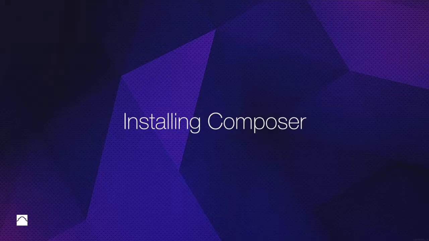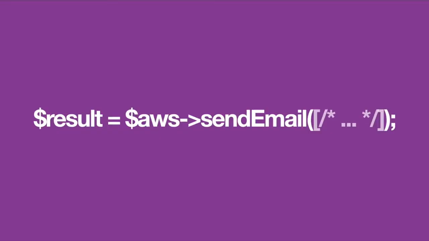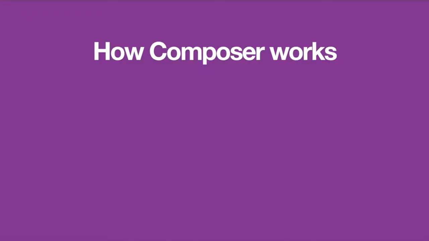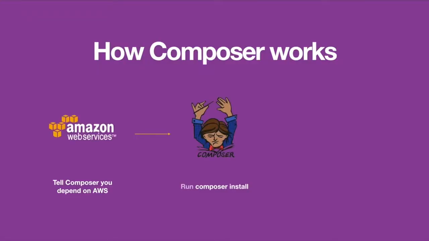Also, when you commit your code, you don't commit all these little files. You basically commit just the instruction that you told Composer, right there, the first part, like how you depend on it. That's what you commit to your code. So in your repository, all it says is I require, in this example, AWS.